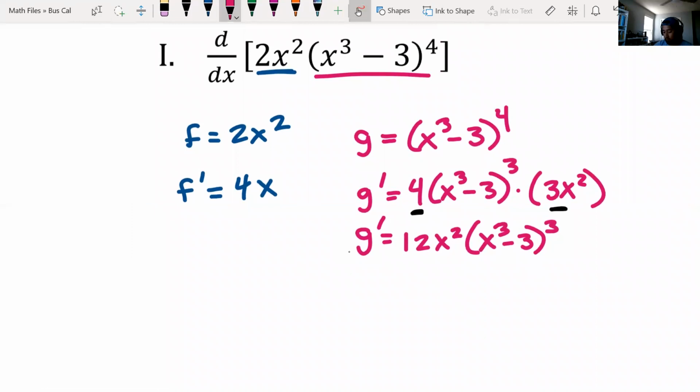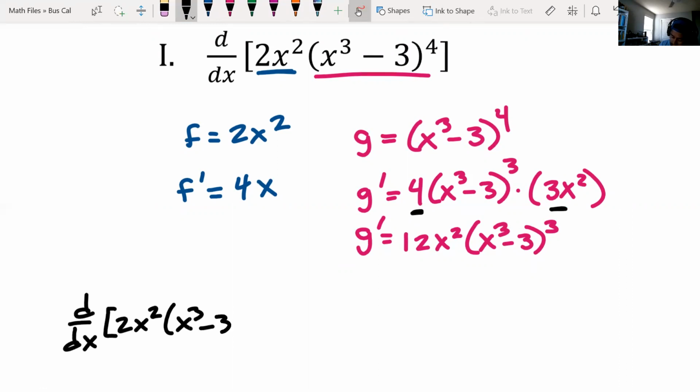So we just did a product rule and a chain rule, but we still have to finish using the product rule's formula. So I'm just going to write the same expression again, d over dx of 2x squared times x cubed minus 3 to the fourth.